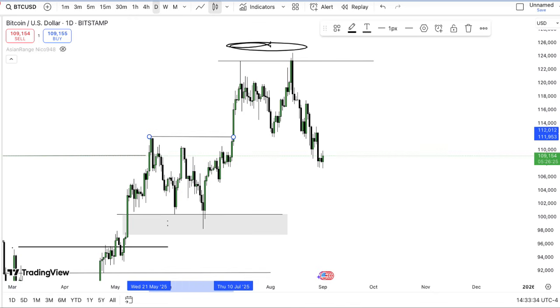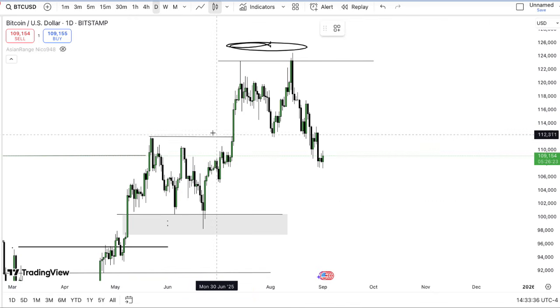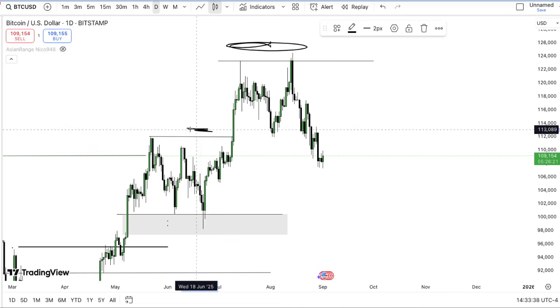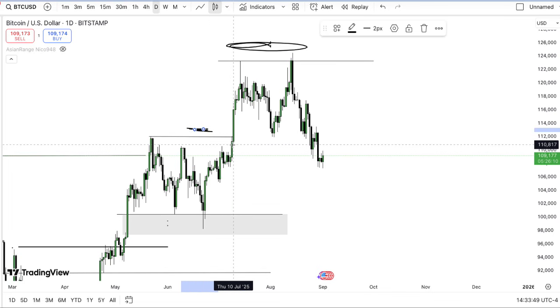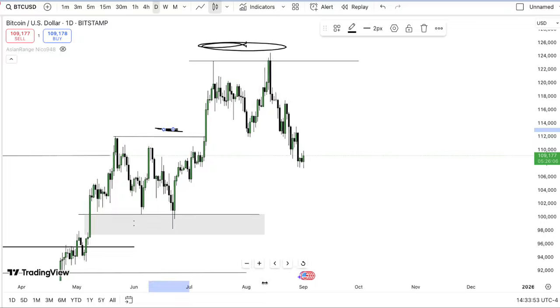So in this case right here, this was a key level. We are actually waiting to see price action on this key level. The price action that we saw was an impulse push move to the upside.